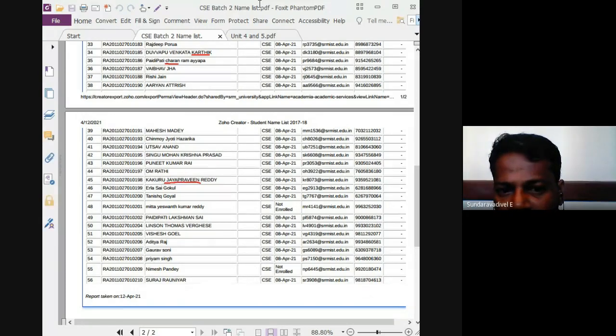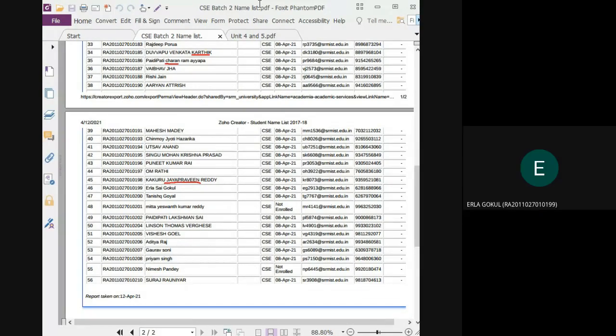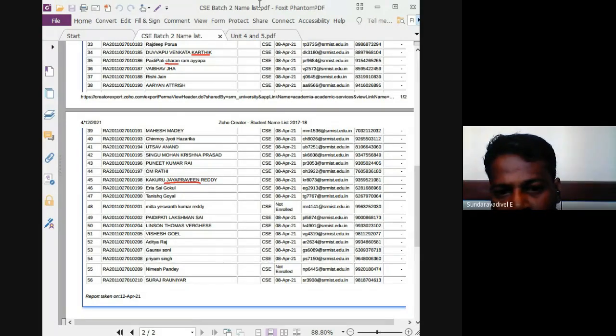Chinmay, present, sir. 194. Utsav, 194. Krishna Prasad, present, sir. Puneet, present, sir.